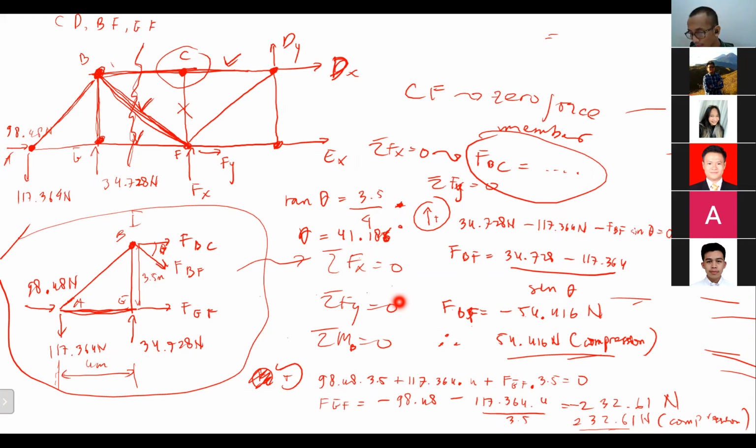At point F, we cannot determine whether CF is a zero force member. But at point C, we can determine that CF is a zero force member based on the second type of zero force member from yesterday. Whatever happens at point F will not affect that. Okay, William? Okay, sir. Thank you, sir.